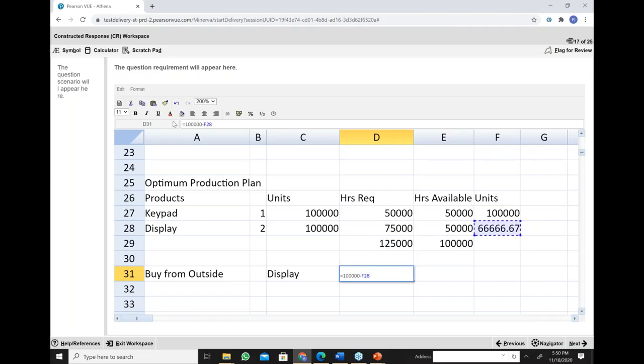We have produced 66,667, and the difference is what we'll purchase from outside. That's it. So this is the answer. 66,667 will be made in-house, whereas 33,333 will be bought from outside.